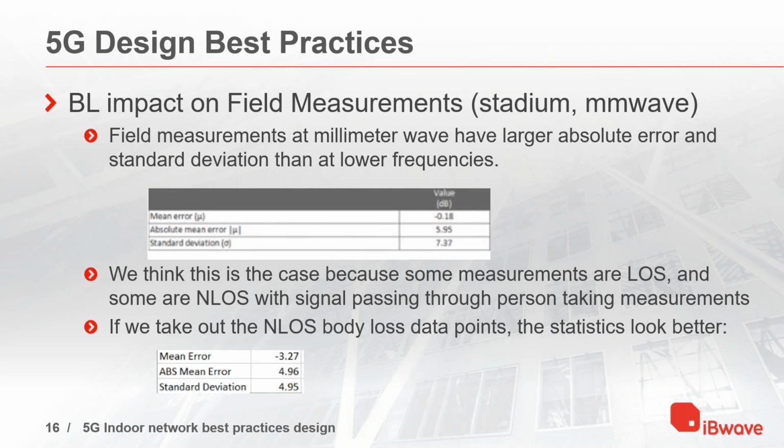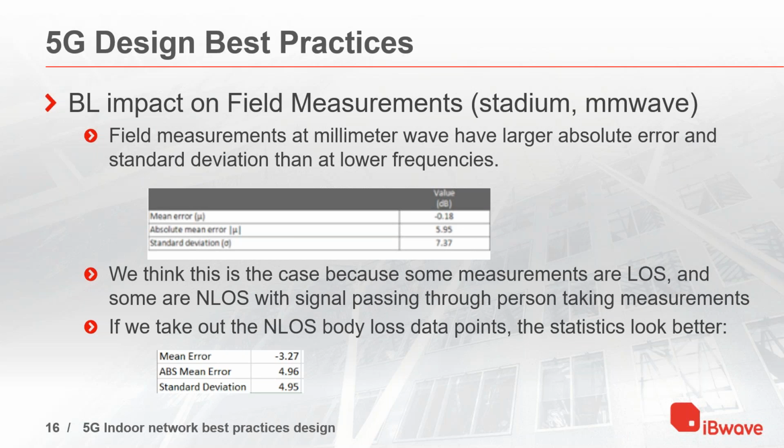Now, having said all that, this is what we have seen in the field. Those field measurements were done at millimeter wave in a large venue, and the measurements were done without the audience, obviously. The first thing that we noticed is that the absolute mean error is almost 6 dB, and the standard deviation is high, close to 7.5 dB.